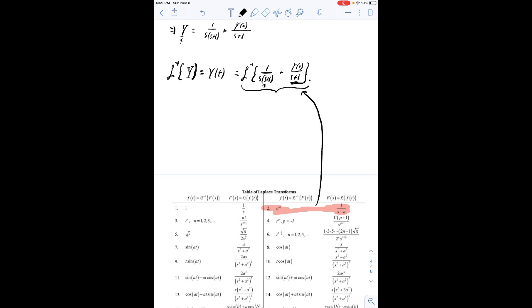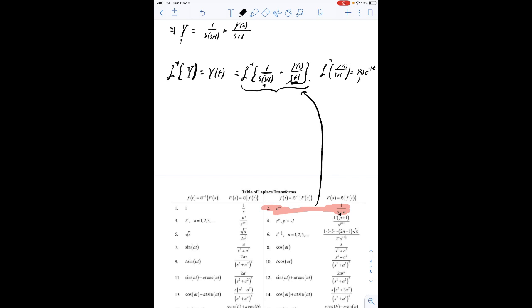So the Laplace inverse of y naught over s plus 1 is going to be equal to y naught e to the negative 1 times t, because this one is a minus down here, but we have a plus right here, so that means a is equal to minus 1.